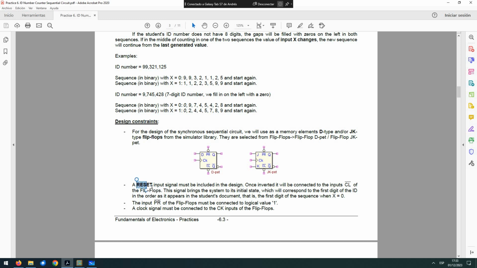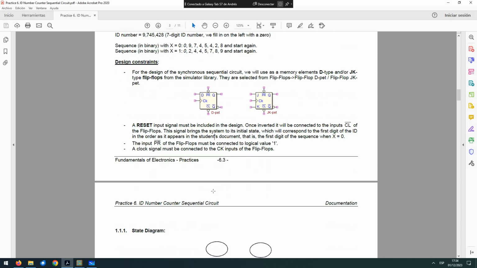You are going to have a reset signal that is going to be connected to the clear input of the bistable, and you are going to connect the preset input, the PR, to 1, just to make it not influence the system, not affect the operation of the bistables. And obviously you are going to have a clock signal connected to the CK input of the bistable.